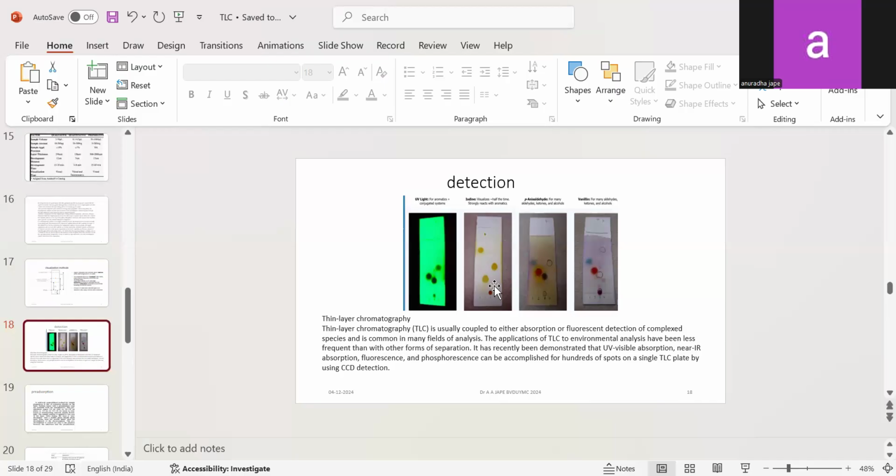Of course, many a time spectrophotometer-like devices are attached to TLC systems, which can give you analysis to a greater extent, and characterization of the analyte also can be achieved.